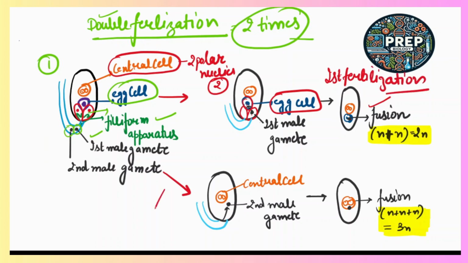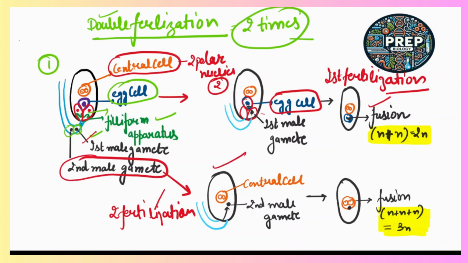Now, the second fertilization, which occurs in the embryo sac. The first male gamete has fused with the egg cell. Now this is the time of fusion of the second male gamete. In this diagram, the second male gamete enters with the help of the synergid cells and moves towards the central cell. The central cell contains how many nuclei? Two polar nuclei.